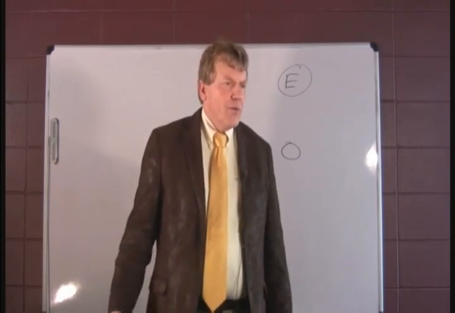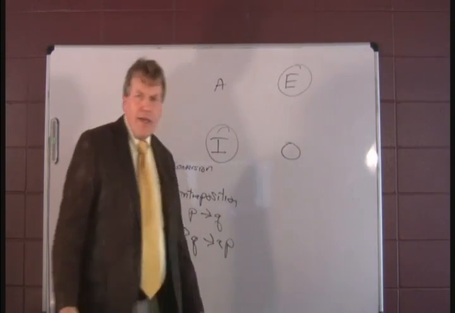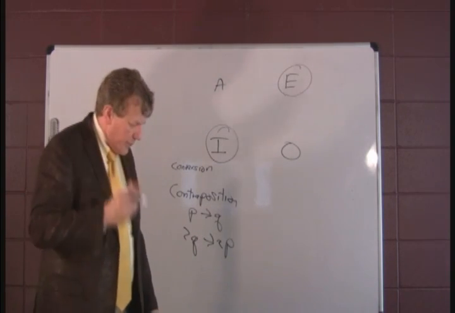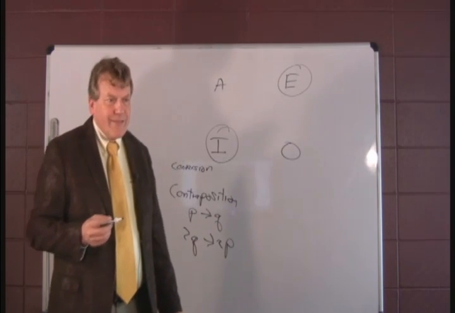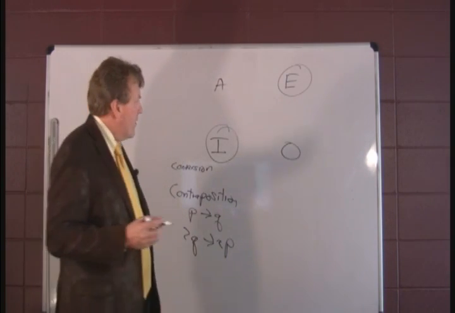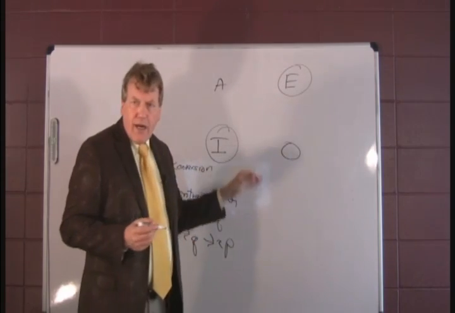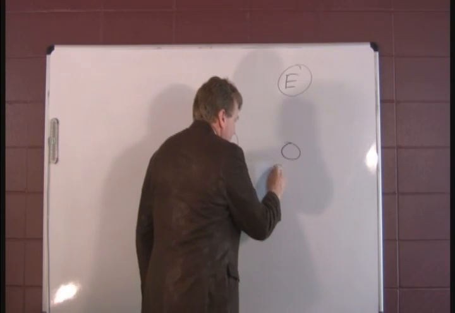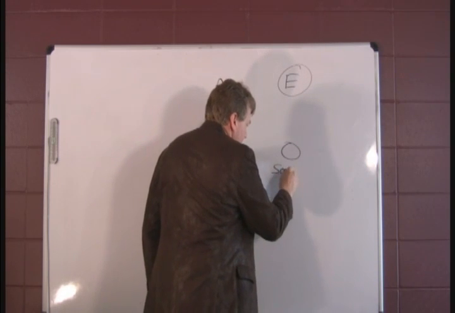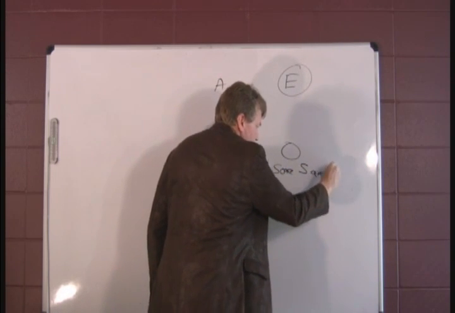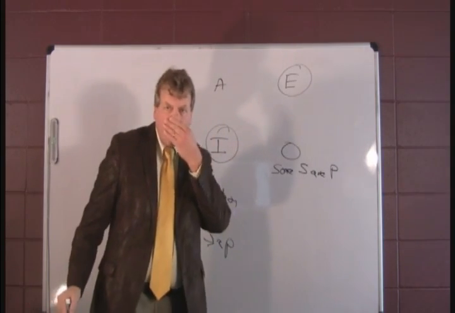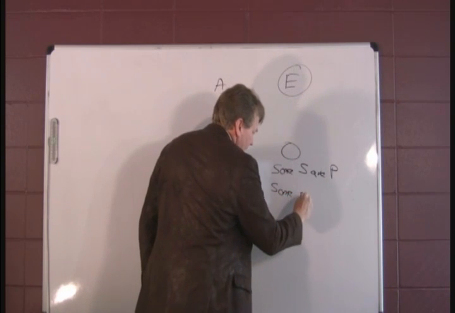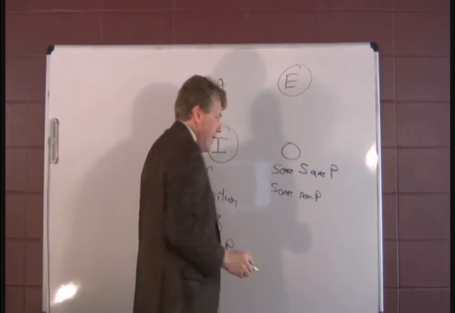Which of these contrapose? All A's are B actually contraposes to all not B's are not A. But E and I do not contrapose, but E contraposes. Remember, we have E, or not E, O. Some S's are P contraposes to some non-P, right? We got to negate.